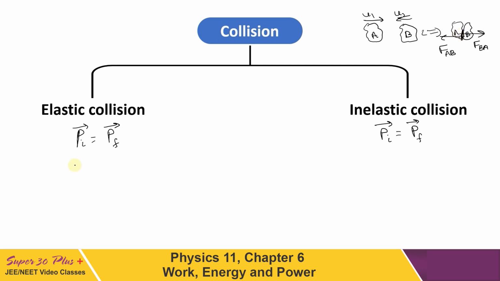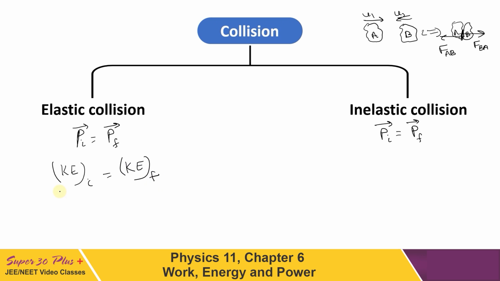So for elastic collision, we can write initial kinetic energy equal to final kinetic energy. But do remember, during collision, at the moment of contact, we cannot write kinetic energy to be equal. Even in case of elastic collision, it should always be before collision and after collision.